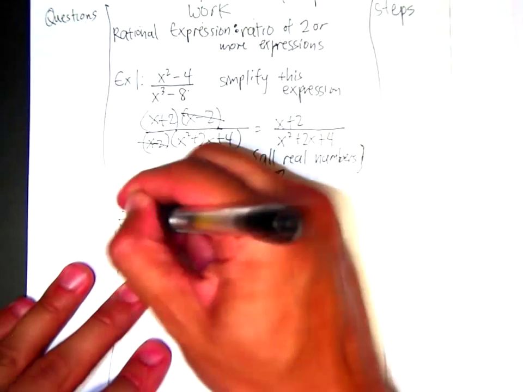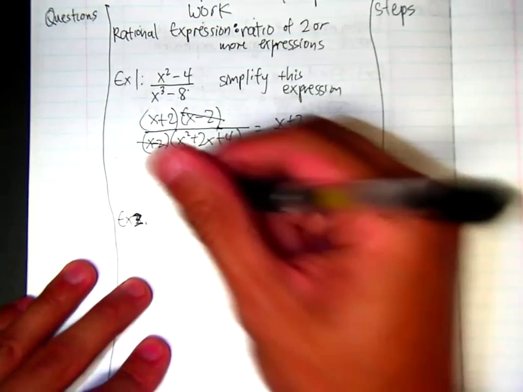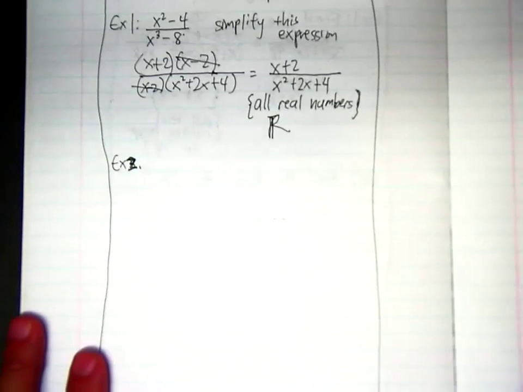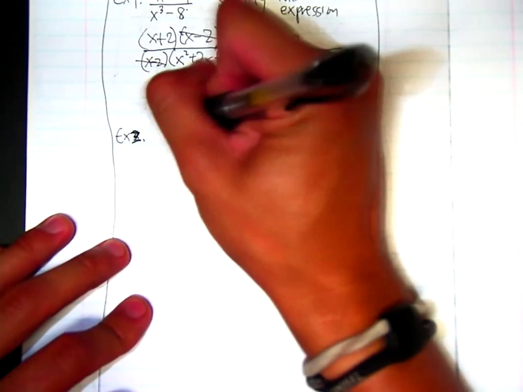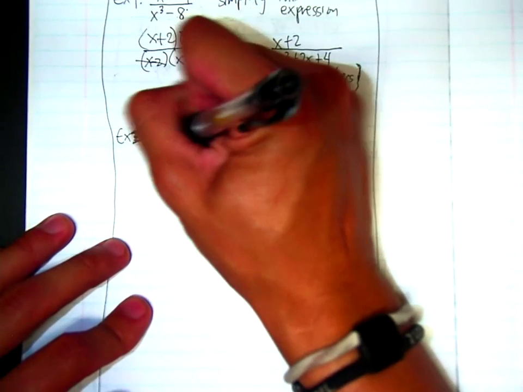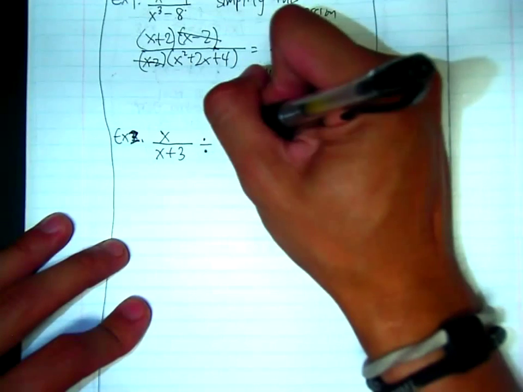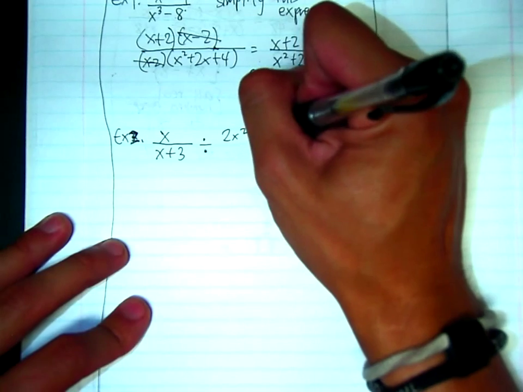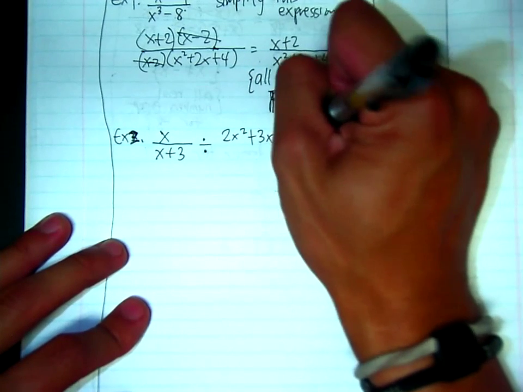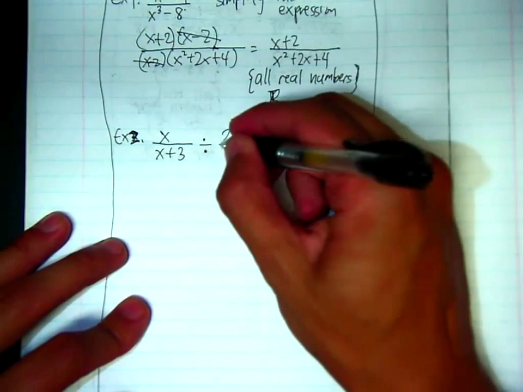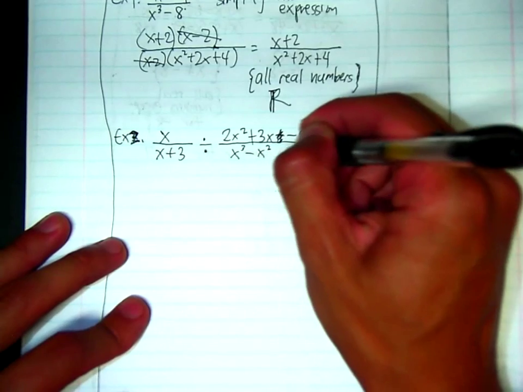Example 2. I'm going to try to combine this into 1. Okay, so this example, I'm going to do x over x plus 3 divided by 2x squared plus 3x minus 9 over x cubed minus x squared minus 6.